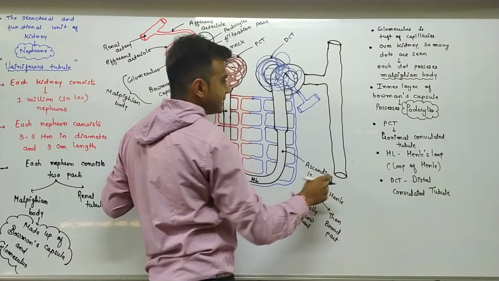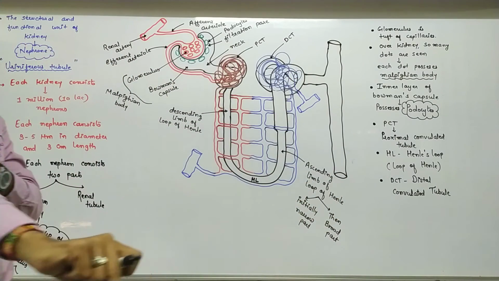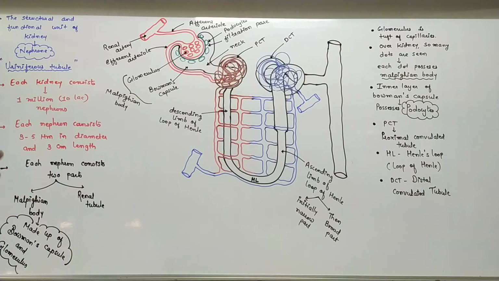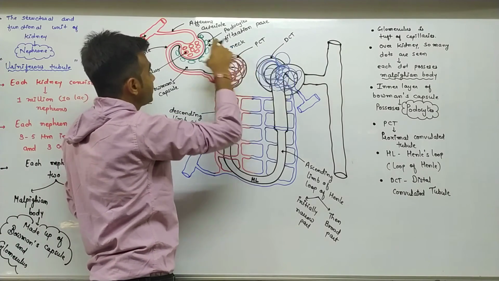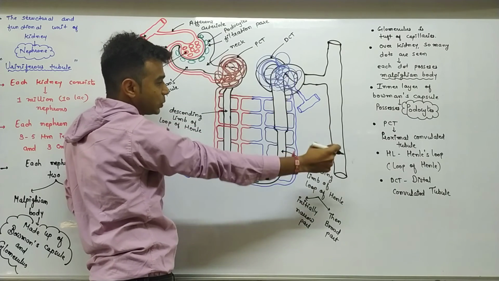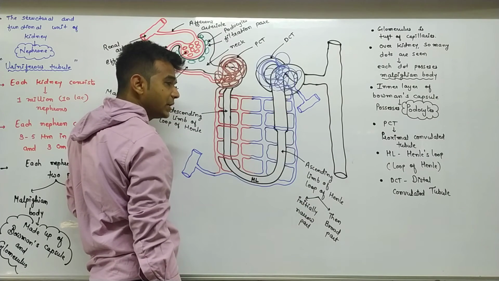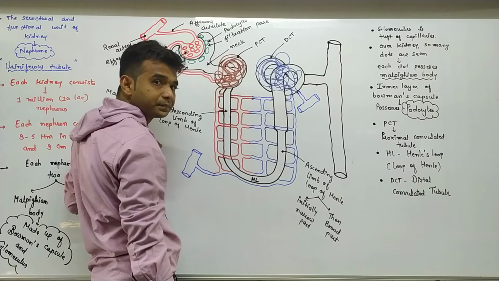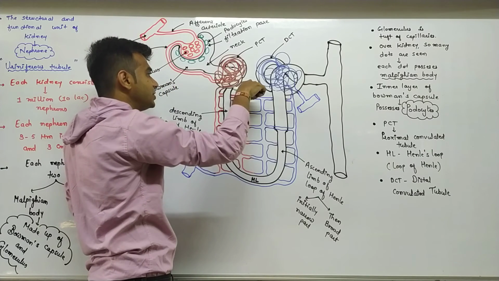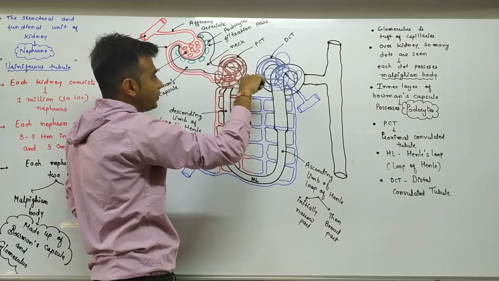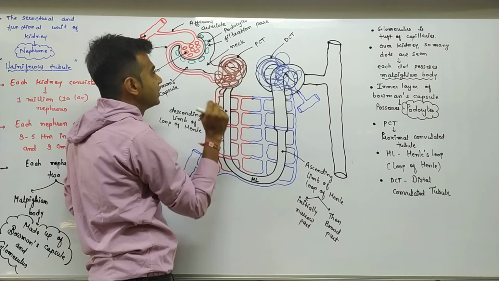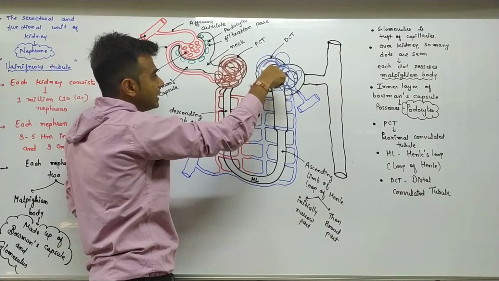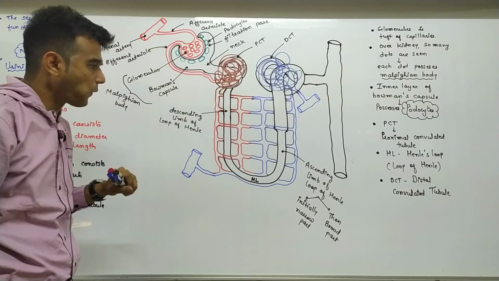It is known as DCT, distal convoluted tubule. Here, this convoluted tubule is far away from the Bowman's capsule, that's why the word distal is used. The coiled region here is proximal, meaning nearer to the Bowman's capsule. These are highly coiled regions.